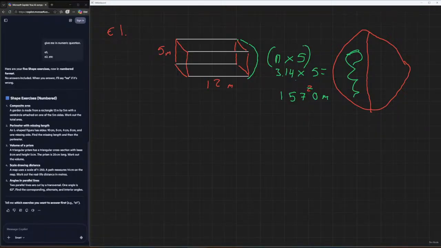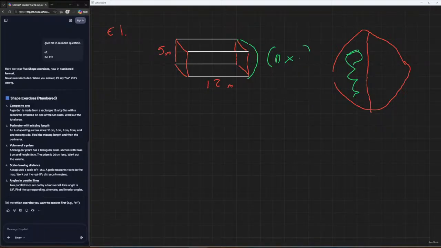And wait, is it the area though? Because it's pi r squared. Pi r squared is for the full circle, then we do half. Okay, so it's not exactly right, this one.